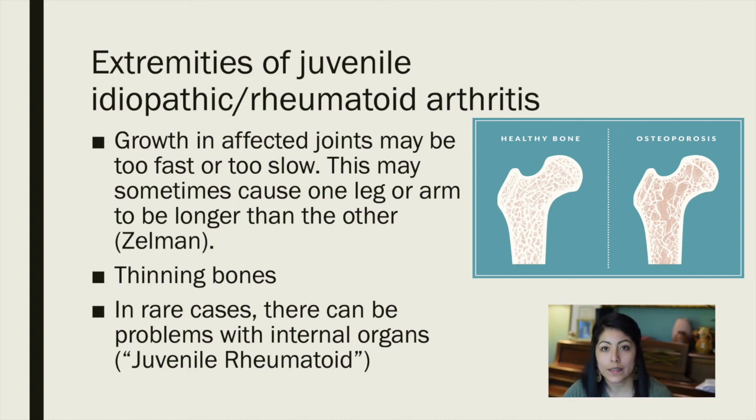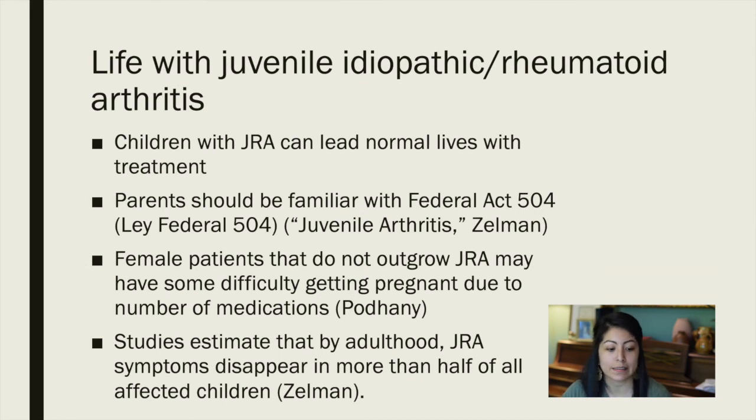So life with JRA, what's it like? Children with JRA can lead extremely normal lives with the proper care and proper treatment. Parents should be familiar with Federal Act 504 because it may make them eligible for some special assistance at school, even with different state agencies for services such as rehabilitation and different therapies.